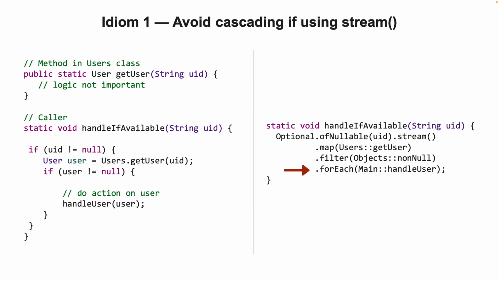And then finally, the forEach method is used to handle the user by passing the method reference Main::handleUser. So even though the Optional.stream is creating a stream of 0 or 1 element, it's useful in calling the handleUser method in a functional style and finally eliminating the if statements.